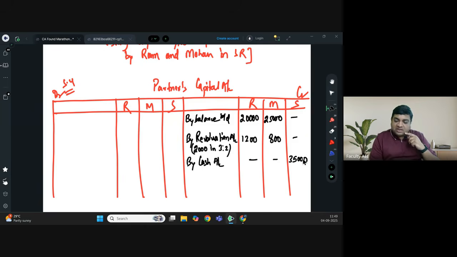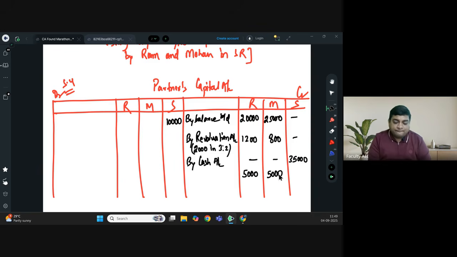He got 35,000 as capital. Right? And then the contra, from Shyam, 10,000 will go. 5,000 each will come in Ram and Mohan.